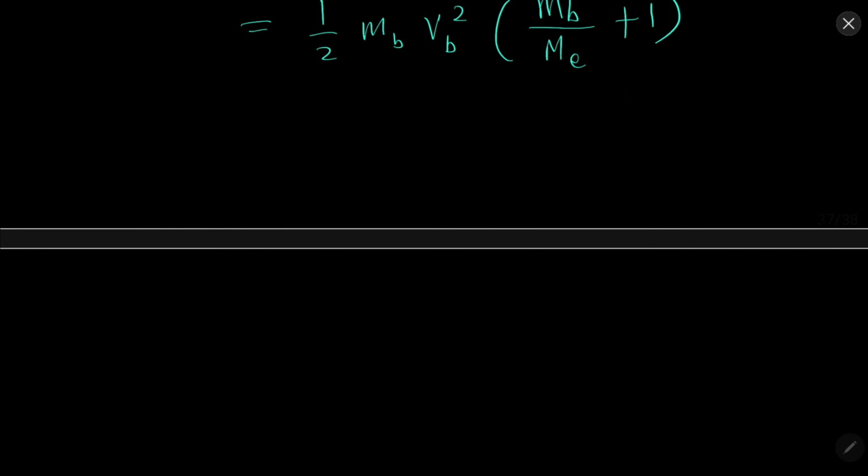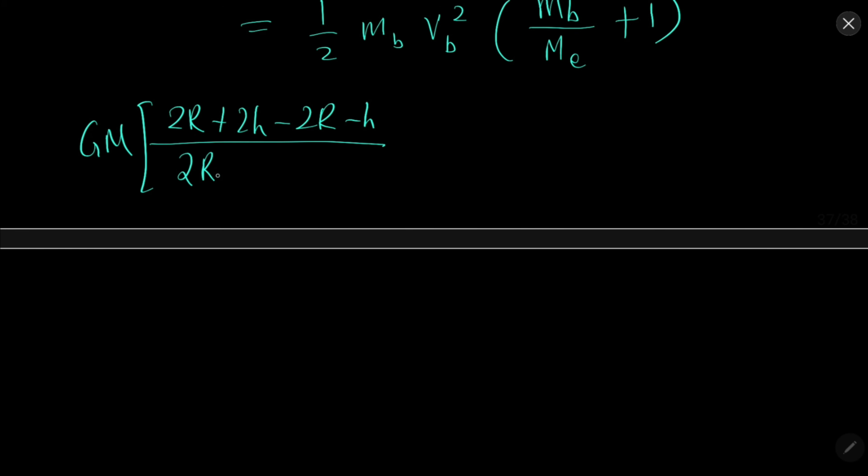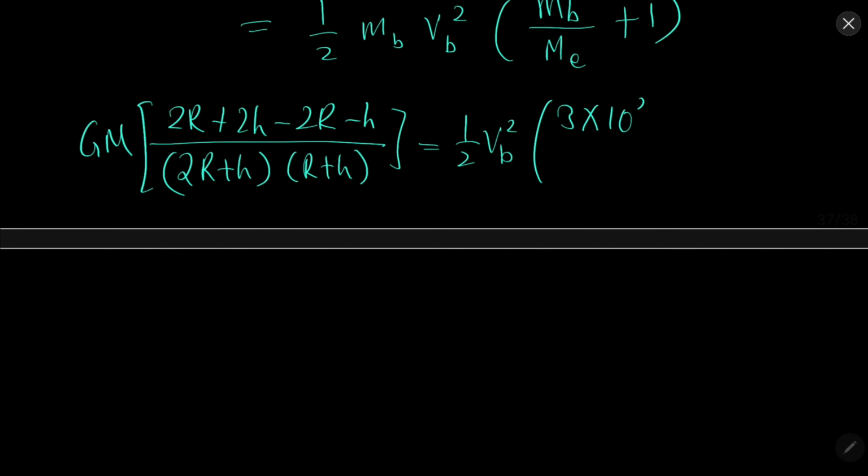So ultimately GM times (2r plus 2h minus 2r minus h) over (2r plus h)(r plus h) equals half vb square times (3 into 10 to the power 24 over 6 into 10 to the power 24 plus 1).